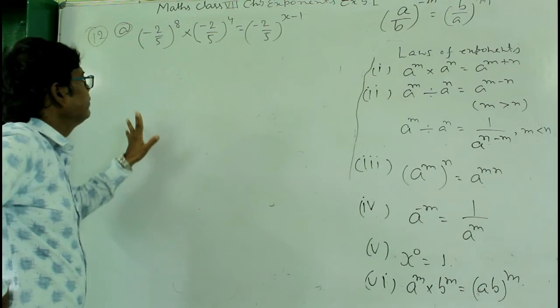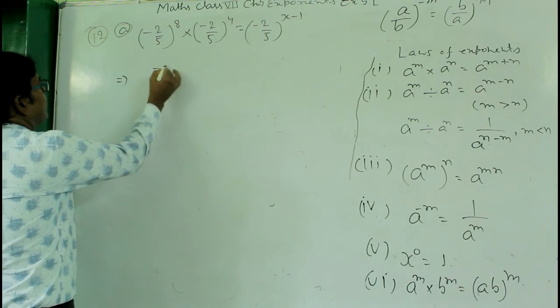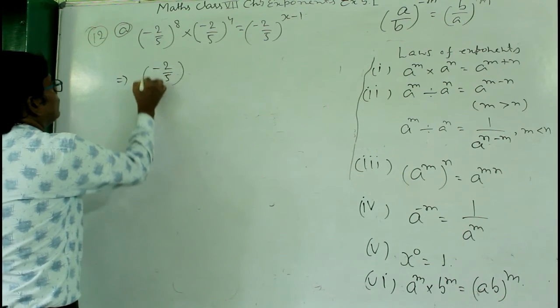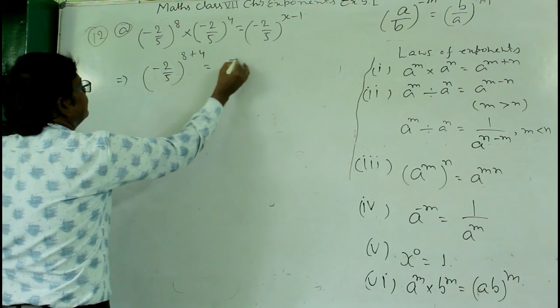So first simplify this left side. So this will be equal to minus 2 by 5 to the power 8 plus 4.